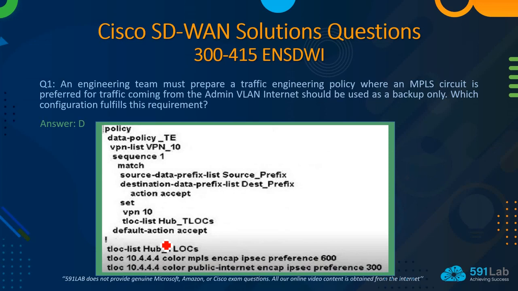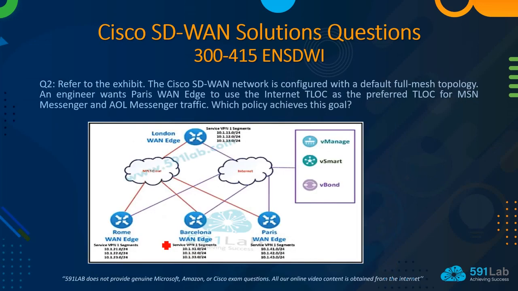Okay, now let's move to the next question. Refer to the exhibit. The Cisco SD-WAN network is configured with a default full mesh topology. An engineer wants Paris WAN edge to use Internet TLOC as preferred TLOC for MSN, Messenger, and AOL Messenger traffic.